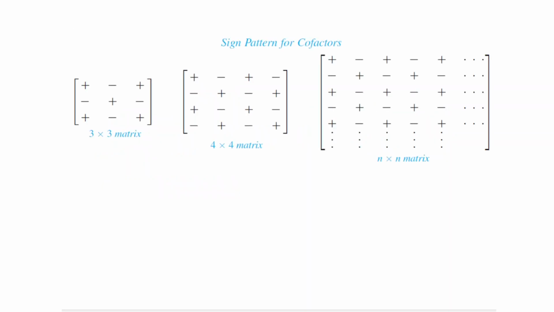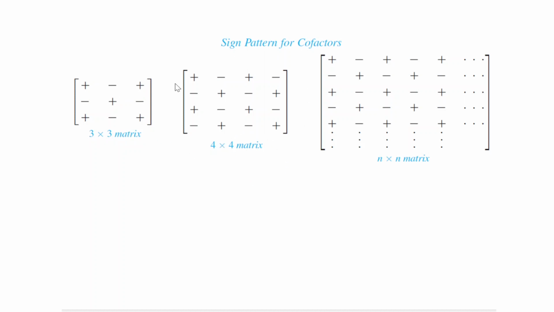Next, we have here the sign pattern for cofactors. If, for example, we have a 3 by 3 matrix, then the cofactor of A sub 1,1 is just the minor M sub 1,1. The cofactor of A sub 1,2 is the negative of minor M sub 1,2. And the cofactor of A sub 1,3 is the minor M sub 1,3, and so on.